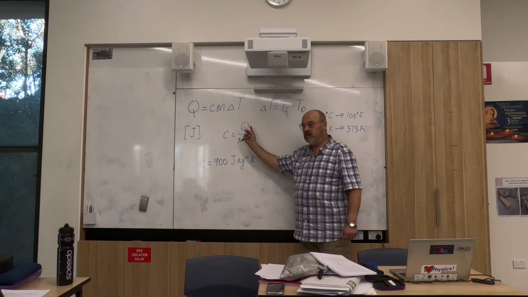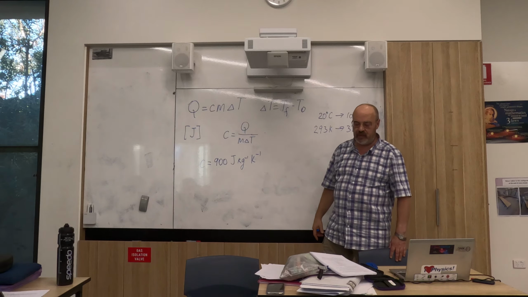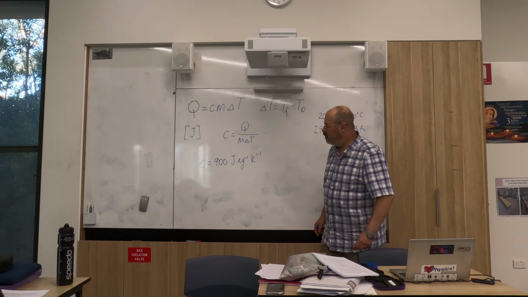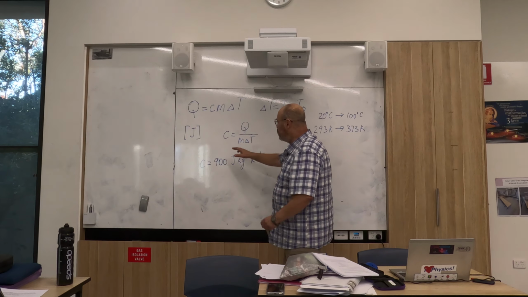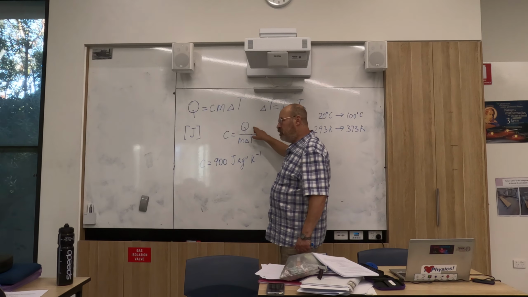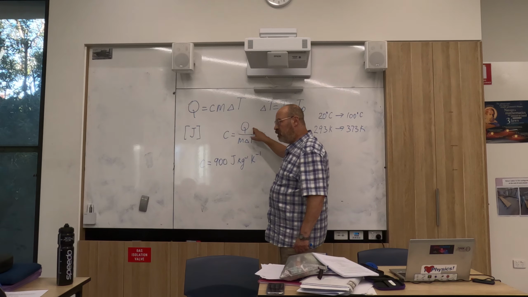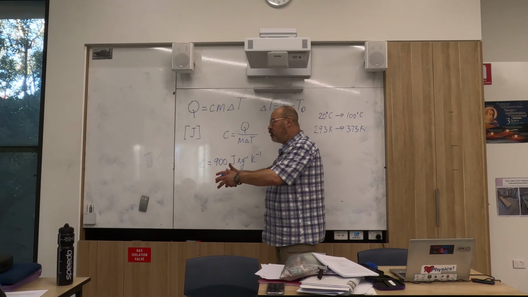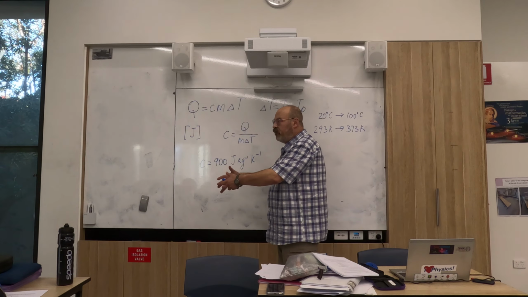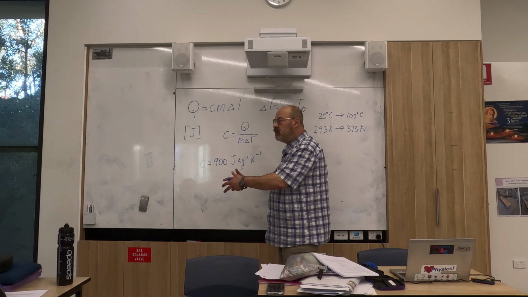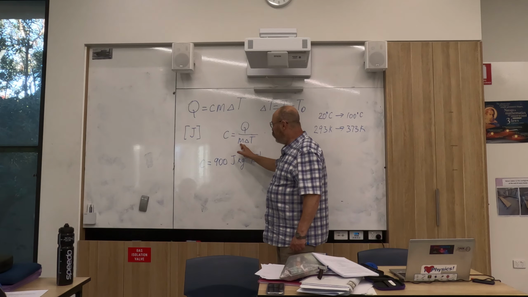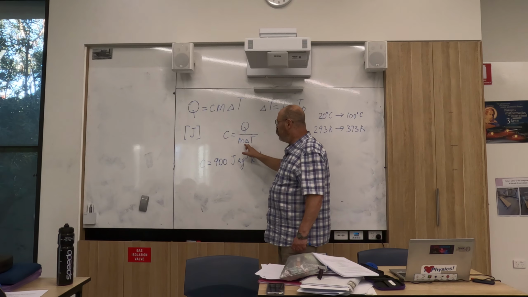Q is the energy, yes, the amount of heat energy provided. What does c represent? It represents how much heat we need to give to 1 kilogram of some substance to increase the temperature by 1 degree. If m equals 1 and change in temperature is 1, c will equal Q.